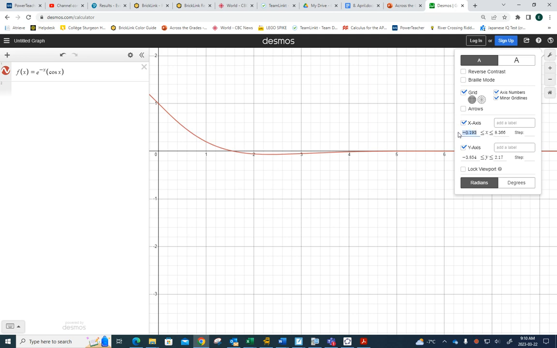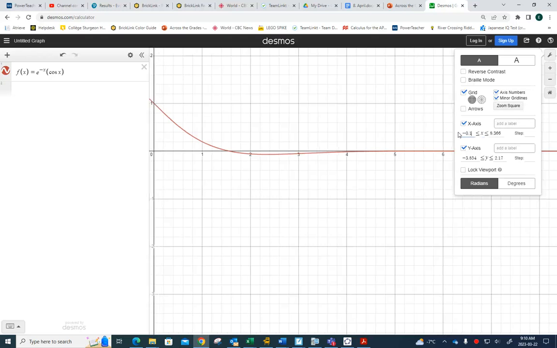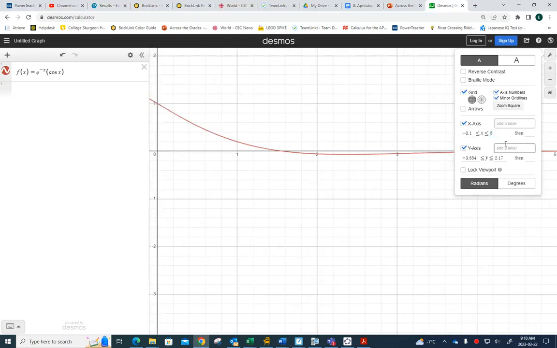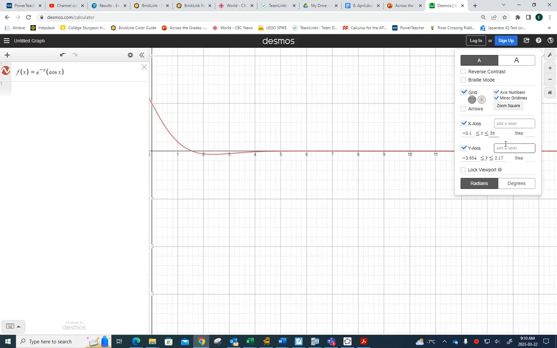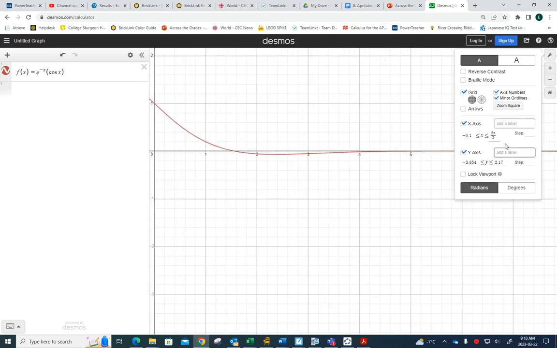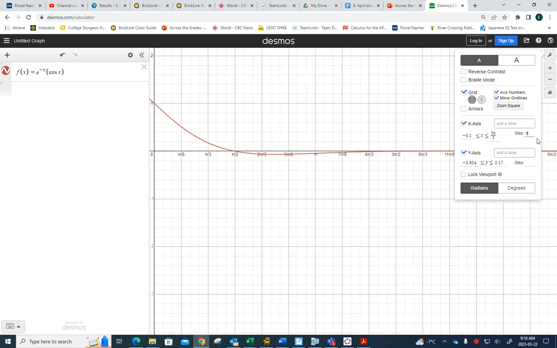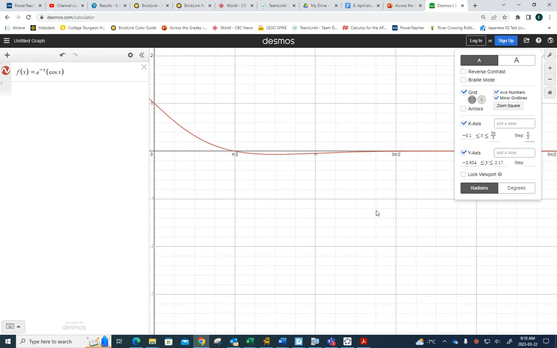Oh, we can set it from negative 0.1 up to 5 pi. It's intuitive. I like that. Oh, and we can do our steps. There's where I was looking for. Pi divided by 2. Nice.